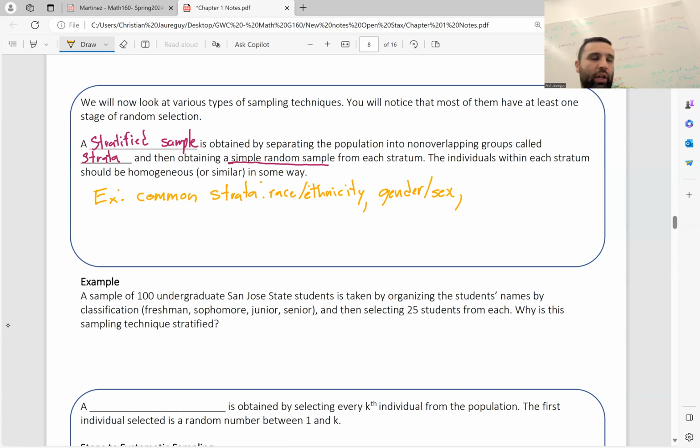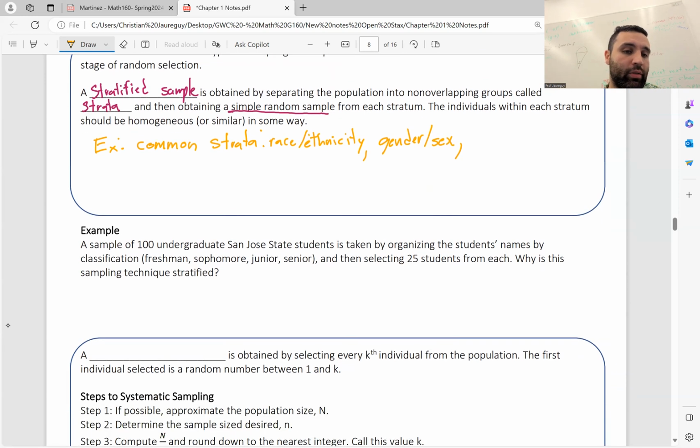There are a ton more. These are very serious and important strata, but it doesn't have to be that serious. You can split the population into different strata in a whole bunch of different ways, which may even seem kind of silly sometimes.